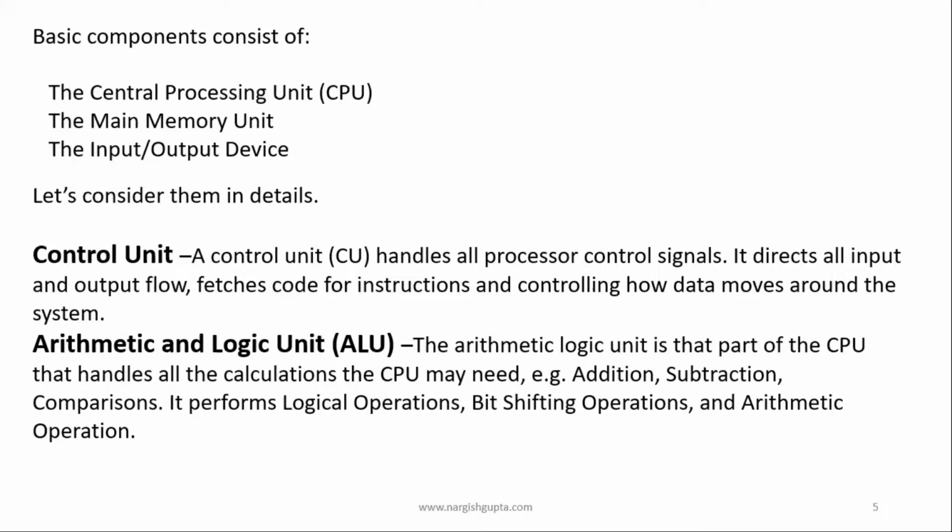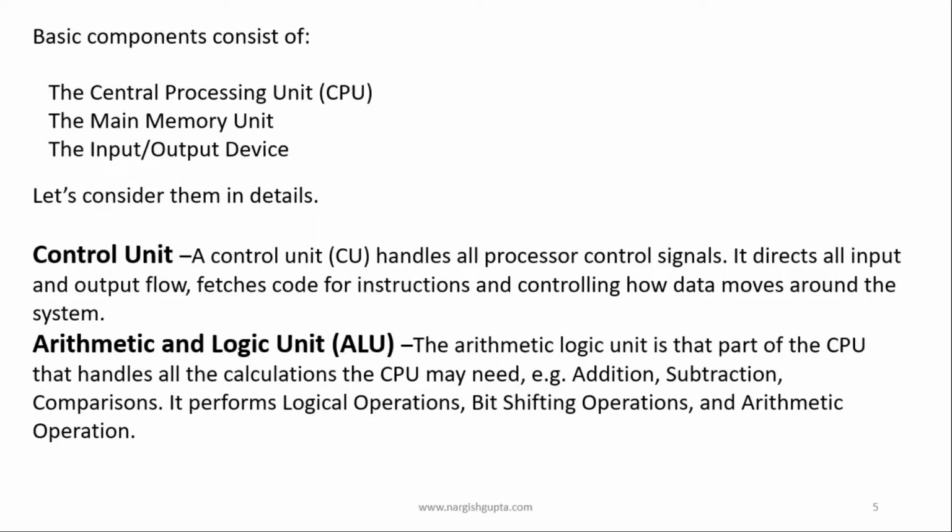The central processing unit, that is CPU, basically consists of the control unit, arithmetic and logic unit, and some registers. The control unit controls the overall behavior of the computer system. It also controls the flow of data between memory and the arithmetic and logic unit.